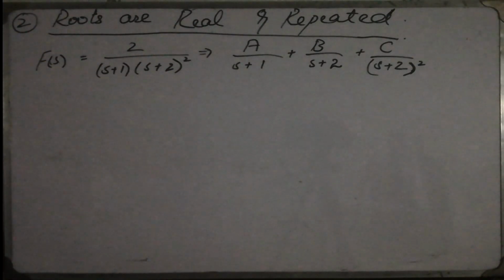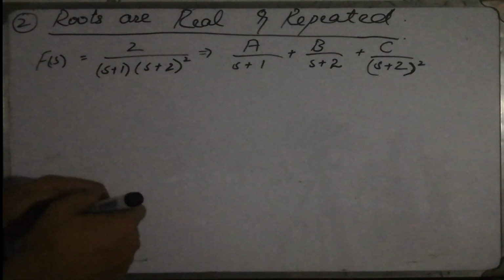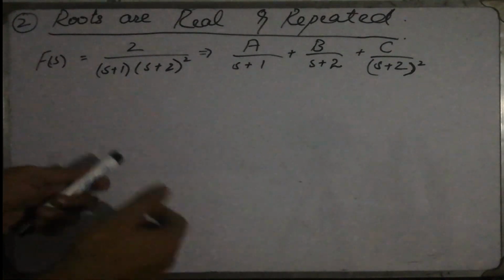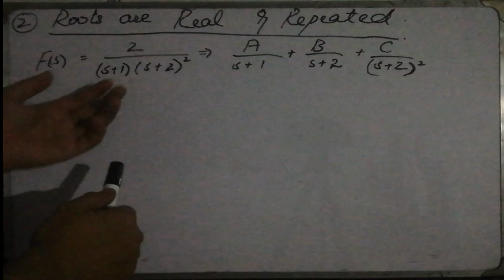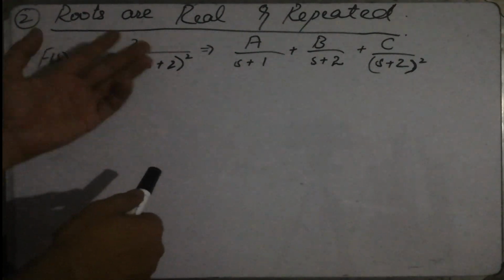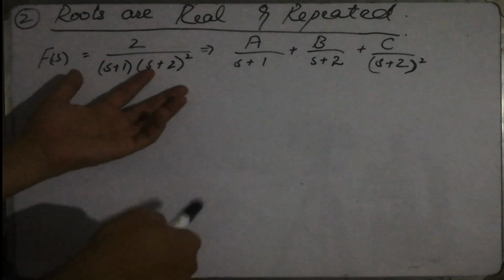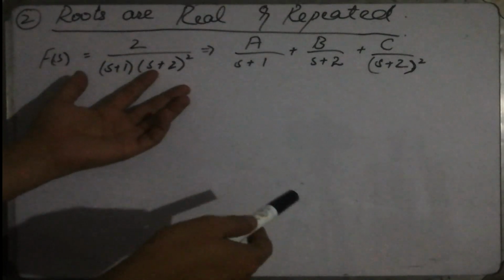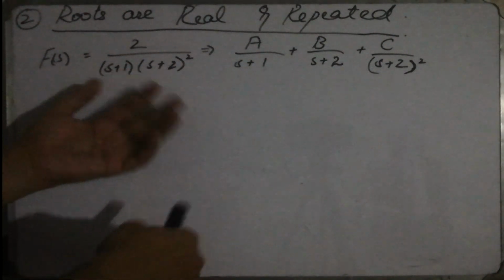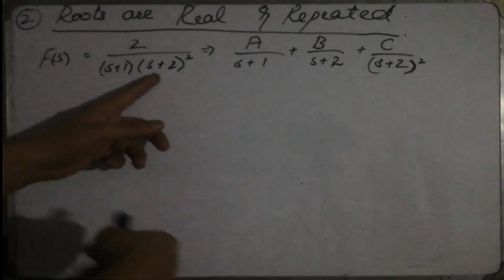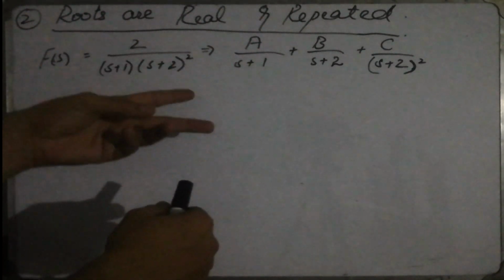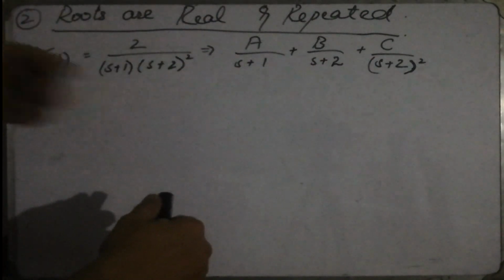For our second case, where the roots are real and repeated, if we equate this denominator to 0, we will have s equal to negative 1, then s equal to negative 2, and the other s is also equal to negative 2. So these values are real, but the negative 2 is repeating itself 2 times, so we say that the roots are real and repeated.